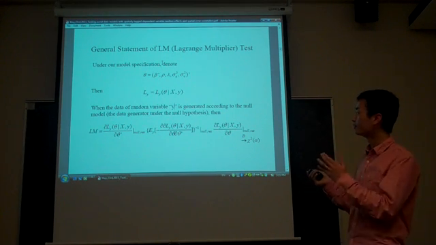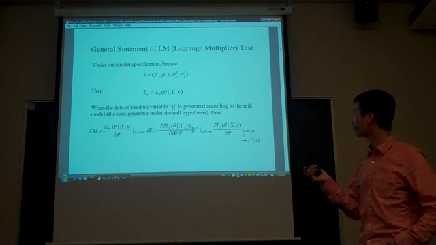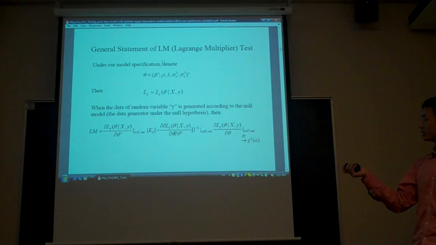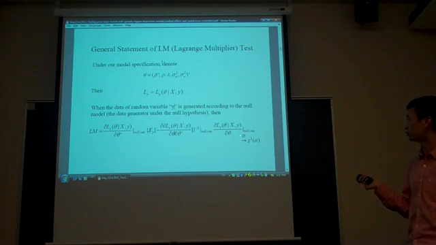And then if the data is generated by the null model, then our conclusion is that this term will follow a chi-square distribution asymptotically with the degrees of freedom alpha. Alpha is the number of constraints in this constrained maximization process.